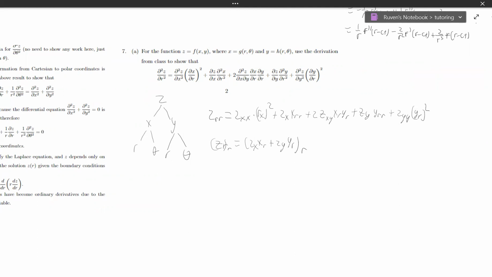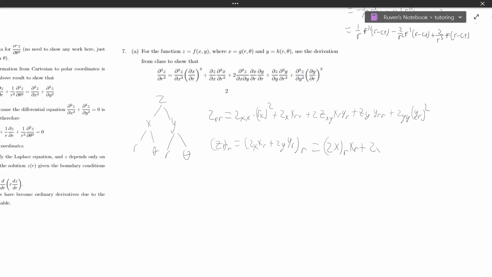Here we need to remember that there's a product rule whenever we take the derivative of this and this. So if we write it out, it's going to be z_x, x_rr, and I almost forgot the product rule, which I was saying don't do.